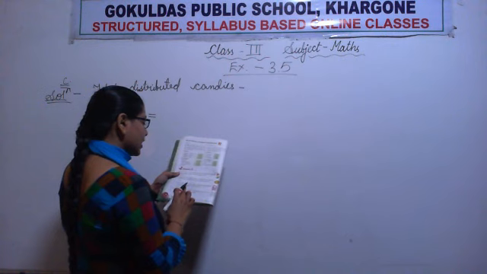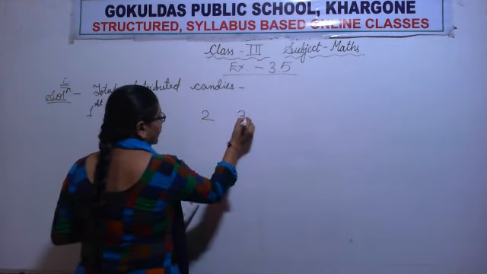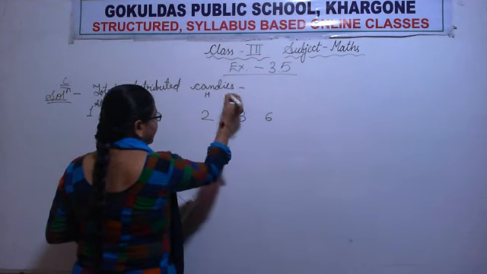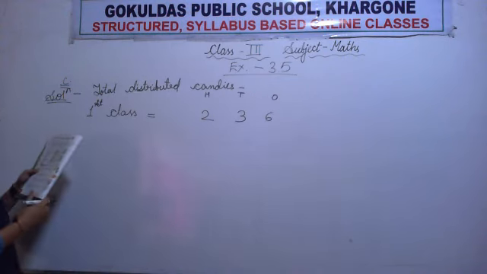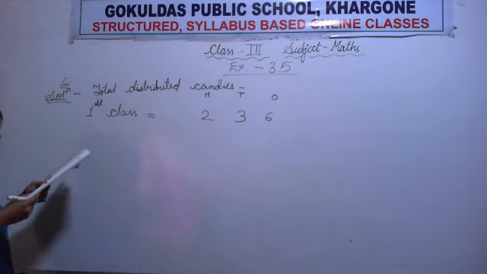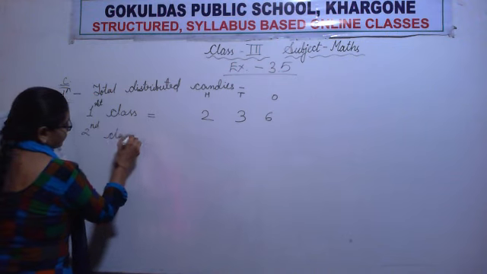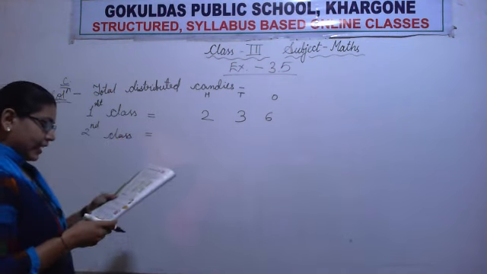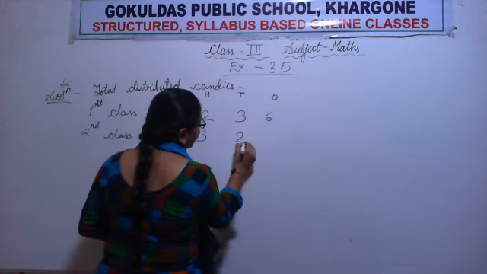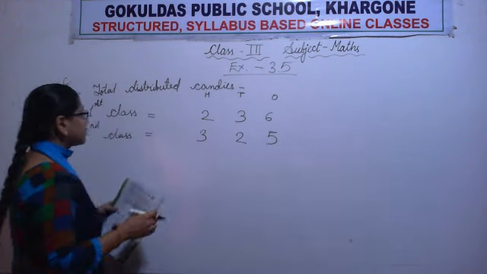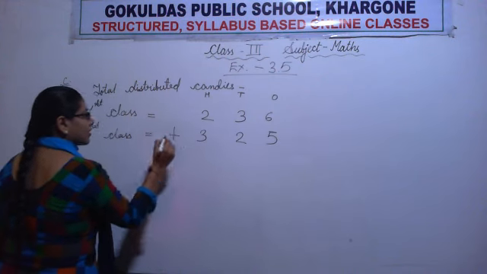How many candies? 236, in hundreds, tens and ones places. Now we'll write about the second class. How many candies? 325. Now we need to find the total, so we'll add them.